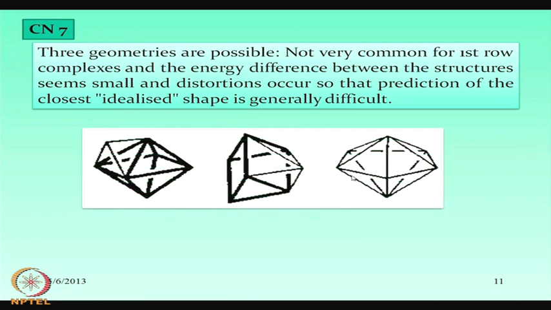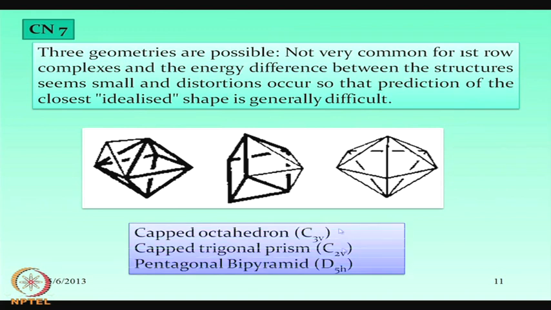These are the 3 situations for a coordination number of 7, where we have added one extra position over here to the octahedral geometry, one extra position over here to a trigonal prismatic geometry, and this is one other situation where we change the corresponding square plane from a square geometry to a pentagonal geometry. So, these are only 3 options we can have.